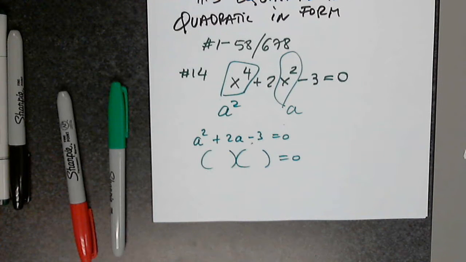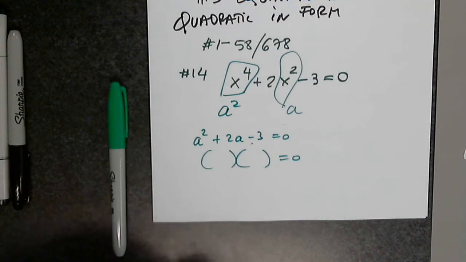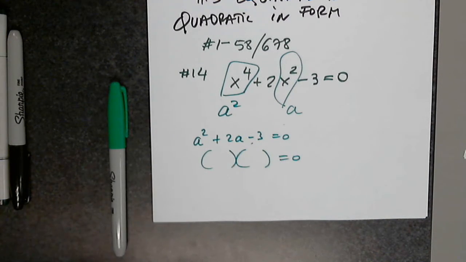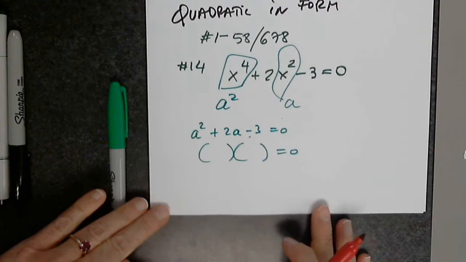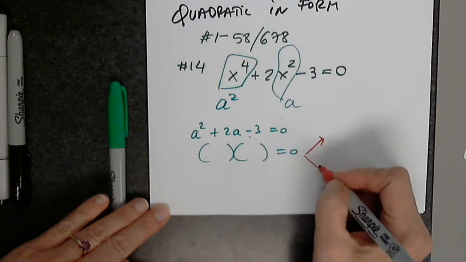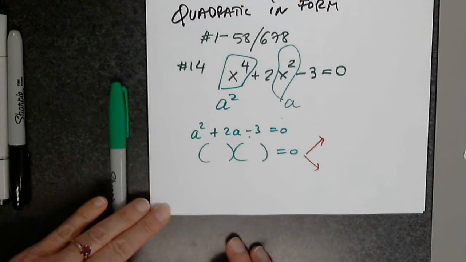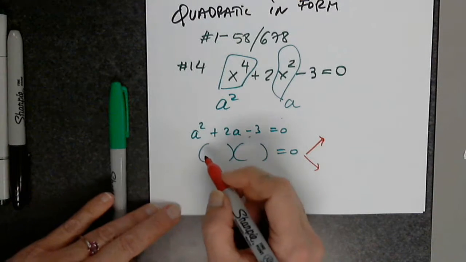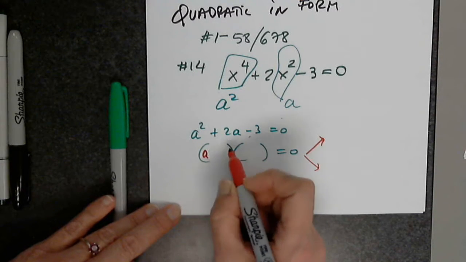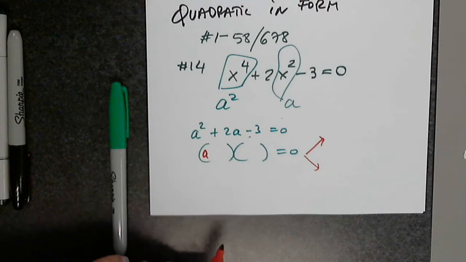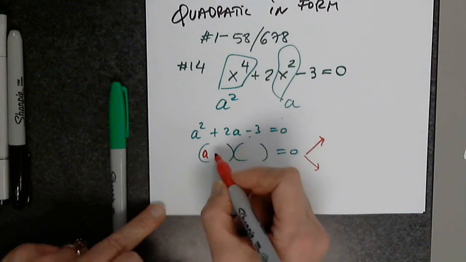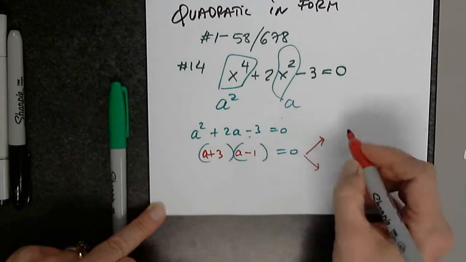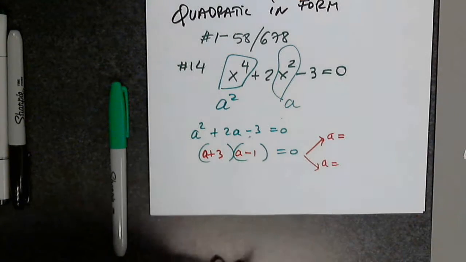But 1 is a leading coefficient, so it gives me hope that I can come up with the factored form right away. The sum is positive 2, the product is negative 3. So positive 3 and negative 1. So then a equals and a equals.